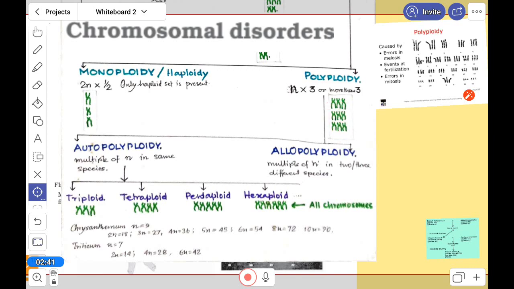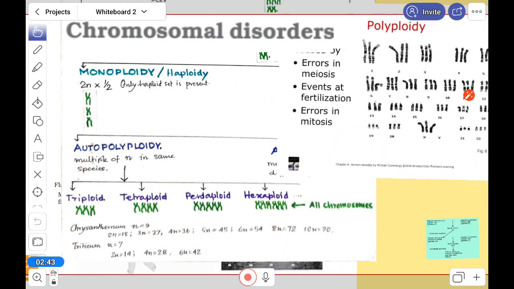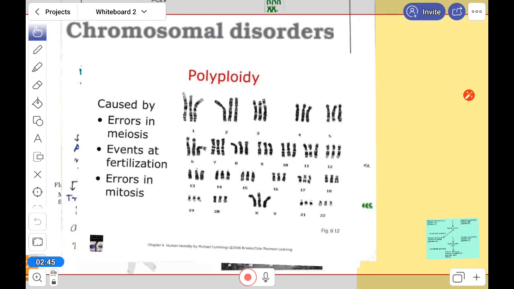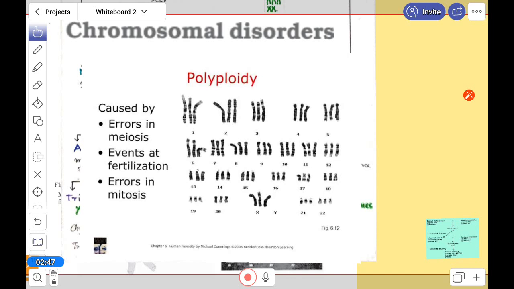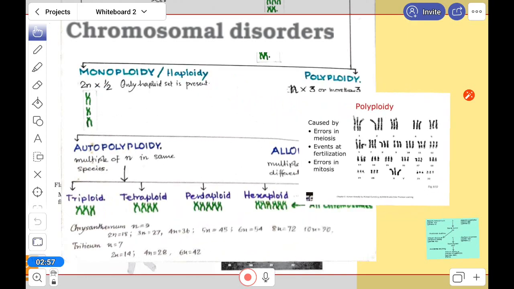Here you can see the polyploidy. So every set is 3, 3, 3, 3, in that way. Okay, I think you have got that.